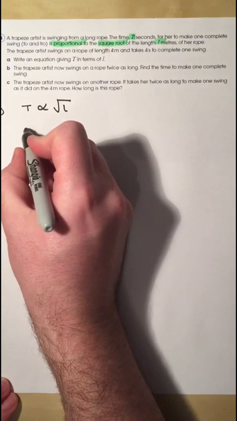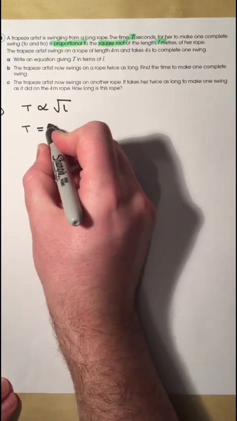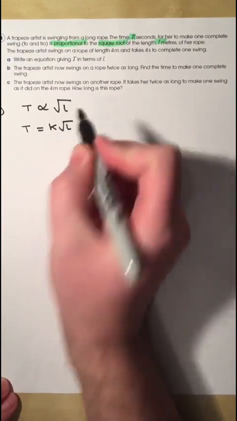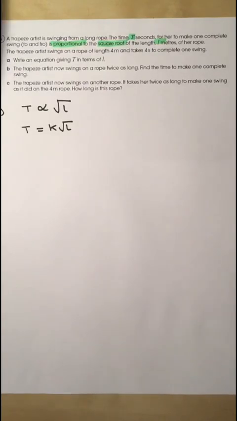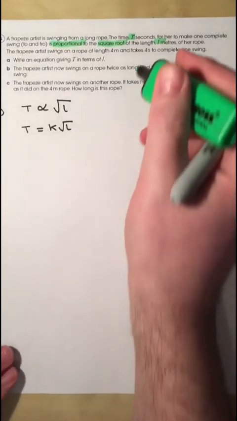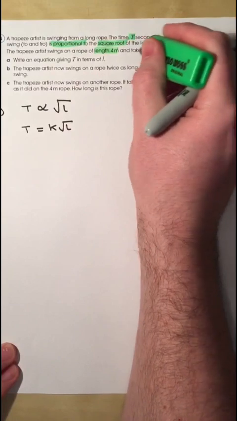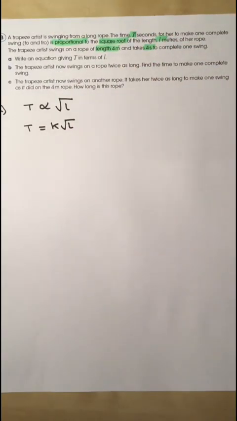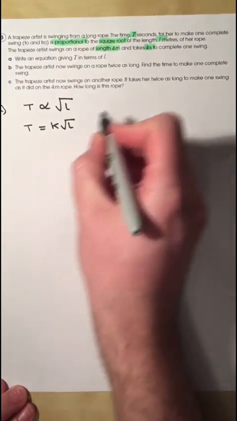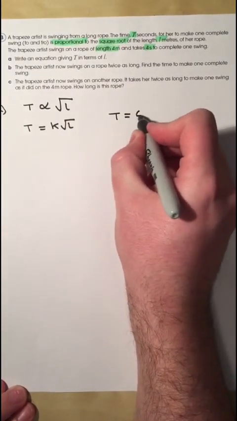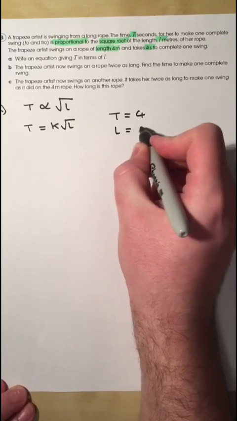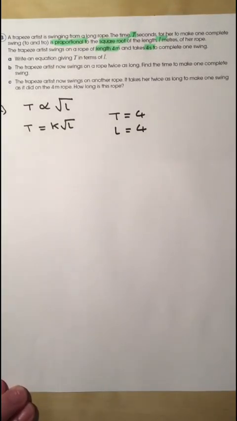So change the proportionality symbol to equals k, gives us that. We then use from the question that the length is 4 and the time is 4 seconds. So substitute these values in, we have t equals 4 when L equals 4.